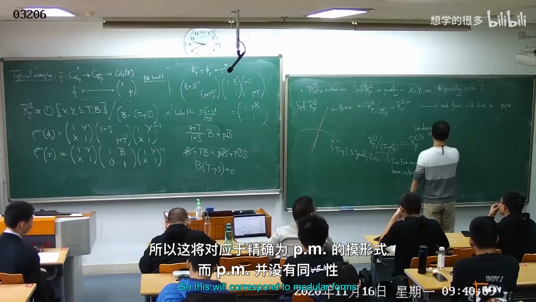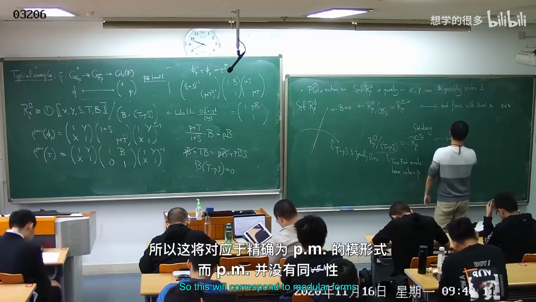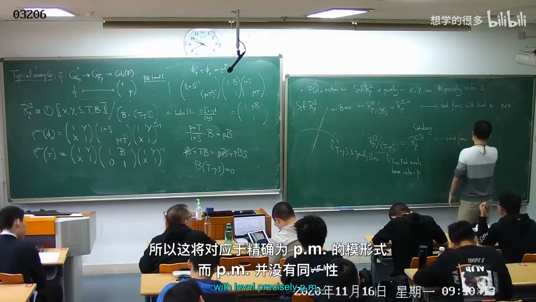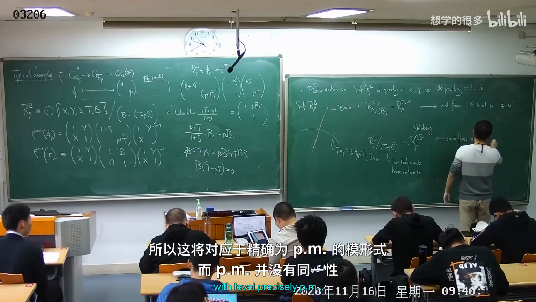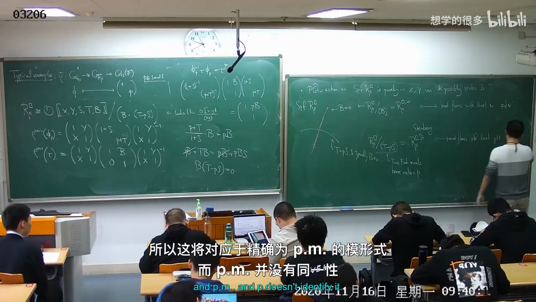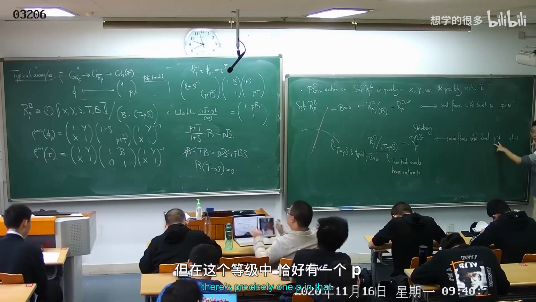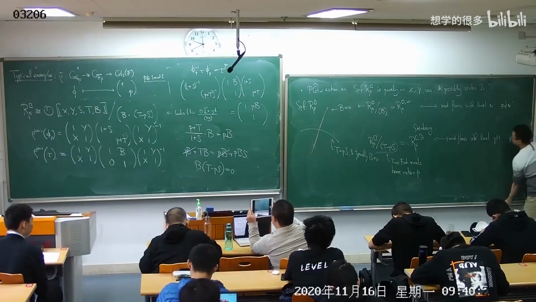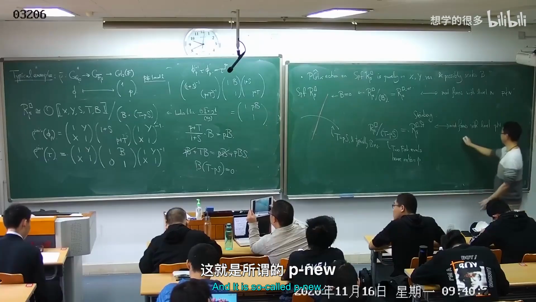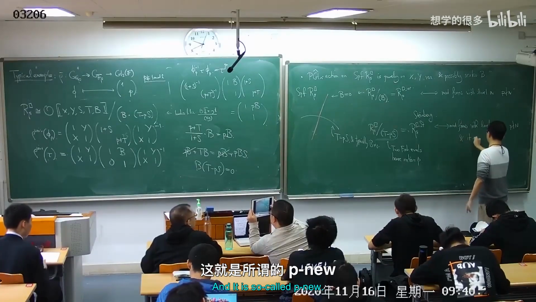So this will correspond to modular forms with level precisely Pn, and P does not divide N. But in the level, there's precisely one P. And it is so-called P-new.